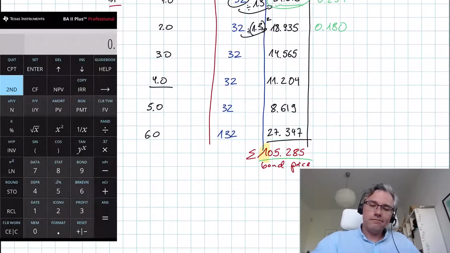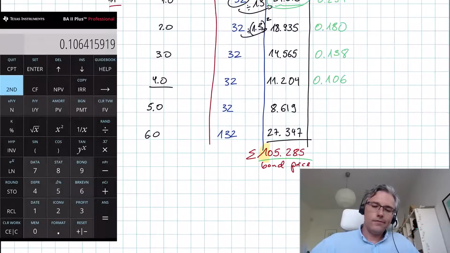Next one, 14.565, divide that by 105.285, 0.138. 11.204 divided by 105.285, 0.106. 8.619 divided by 105.285, 0.082.